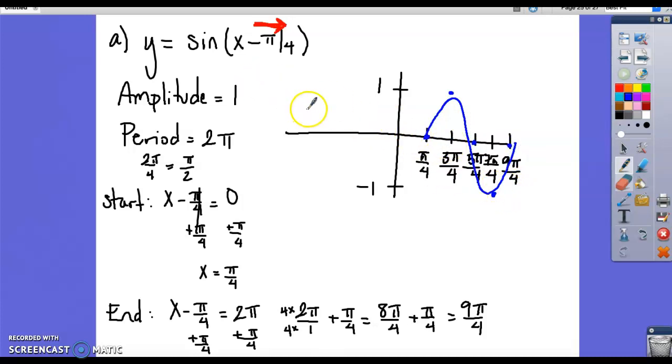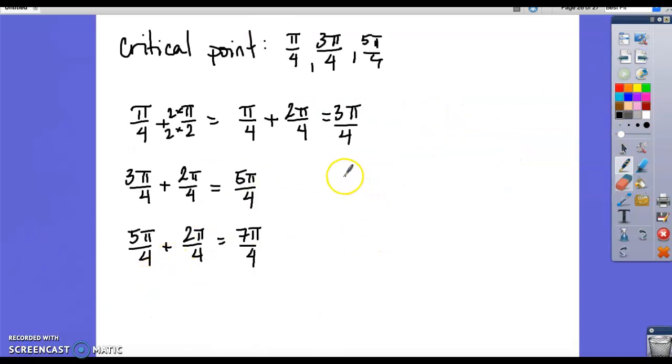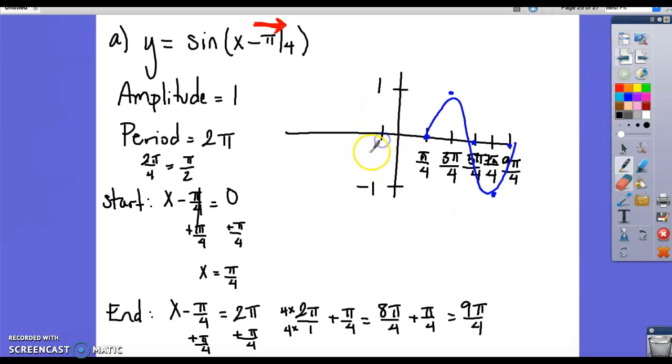Okay, but I need to do 2 periods. So you could continue on adding pi over 2 for another period. I'm going to go in the negative direction. So I would take pi over 4 and subtract pi over 2, which is the same thing as subtracting 2 pi over 4. So that's negative pi over 4.